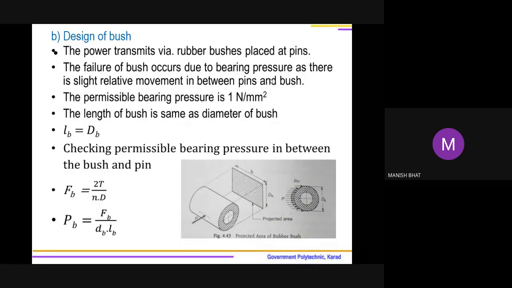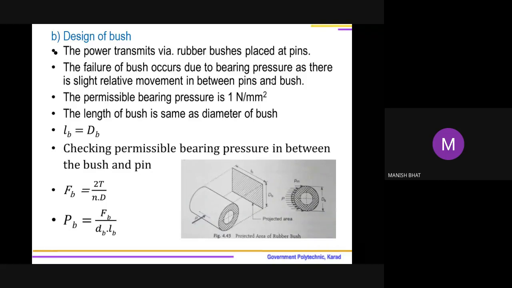So we know that power is transmitted via the rubber bush placed at the pins. Failure of the bush occurs due to bearing pressure as there is slight relative movement in between pin and bush. Generally, for this rubber material, permissible bearing pressure is taken to be 1 Newton per mm square. For other materials, we can take bearing pressure higher, 2 Newton per mm square also. While designing this bush, an empirical relation is used.